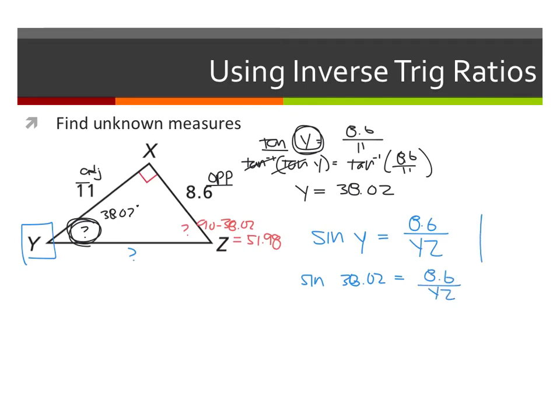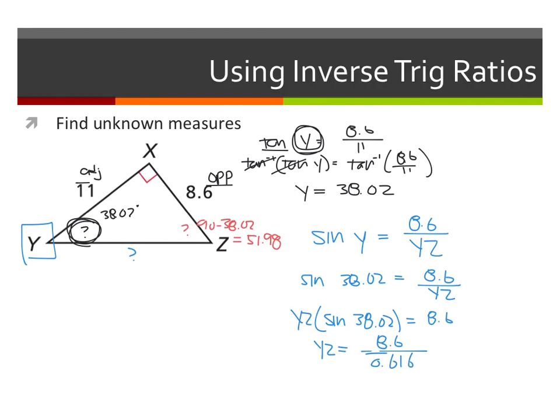We can multiply both sides by yz. So yz times this interesting number equals 8.6, which means yz is 8.6 over that interesting number, which happens to be sine of 38.02, which happens to be 0.616.